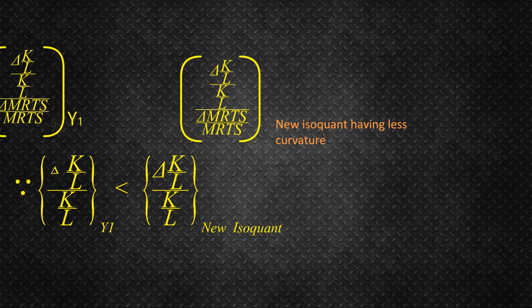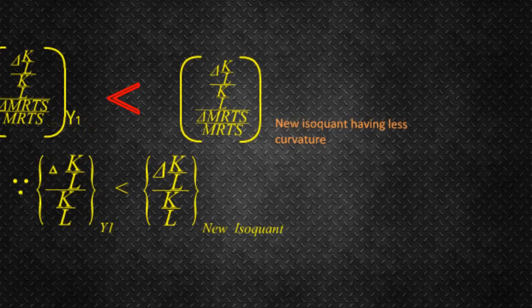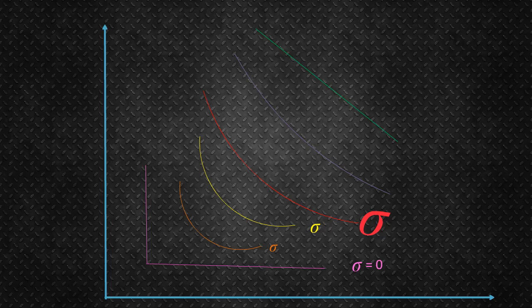Therefore, the elasticity of substitution of the initial isoquant Y1 will be less than that of the new isoquant. In general, we can say the more curvature an isoquant has, the less elasticity of substitution it will have, and vice versa.